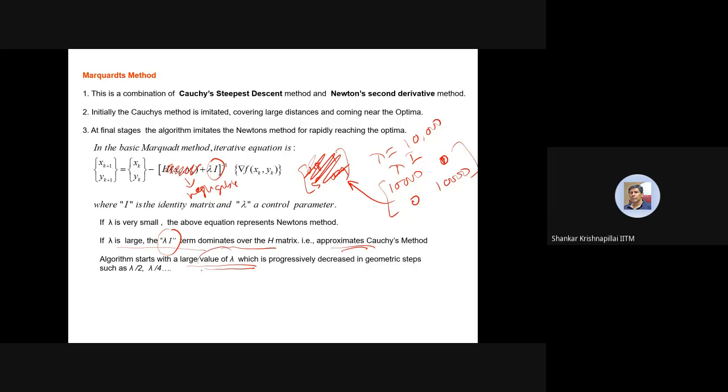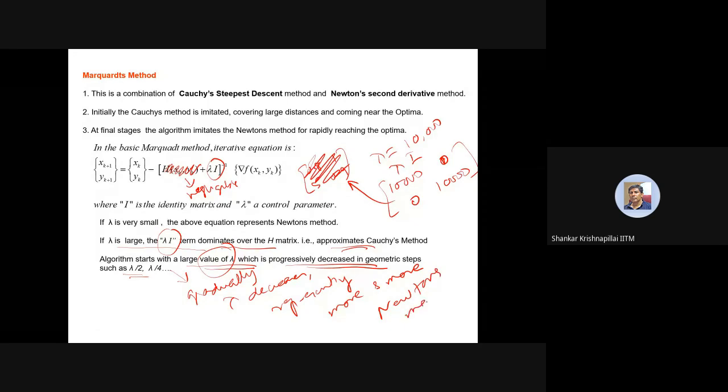It starts with a large value of lambda, which is progressively decreased in geometric steps such as lambda by 2, lambda by 4, etc. So as lambda decreases, it will gradually represent more and more Newton's method. So the change from Cauchy's method to Newton's method is gradual, as the value of lambda changes gradually.